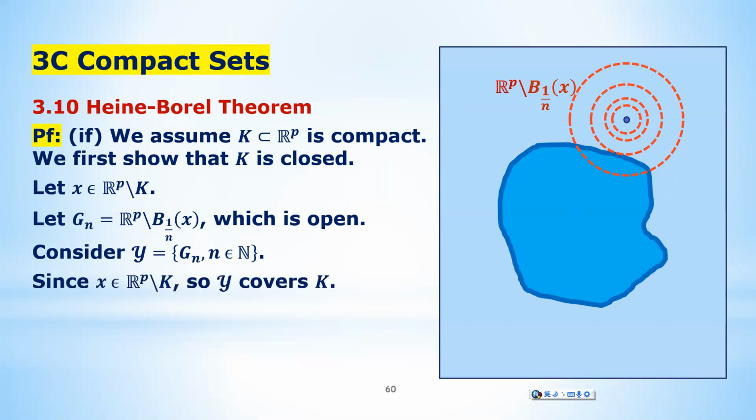Since x is not in K, as n goes to infinity, 1/n shrinks to 0, so this ball shrinks to a single point. Therefore, the union of all these G_n will cover K.